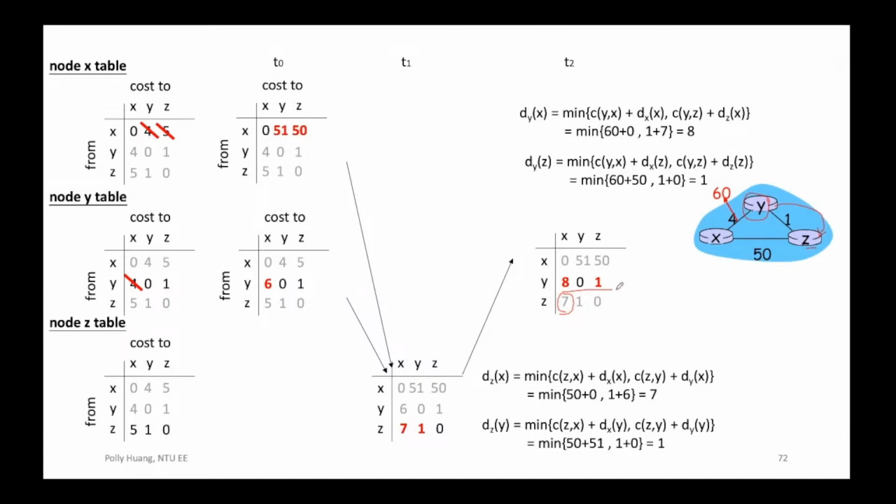And this is going to go on, in fact, because y here is going to announce dy also to all the neighbors. And z is going to recalculate the dz. And guess what? The next is going to be 9, 1, 0. And back to y, 10, 0, 1. Okay, all the way until when? Until z finally discovers that 50 is the true cost to x, so until in dz the value becomes 50, 1, 0.